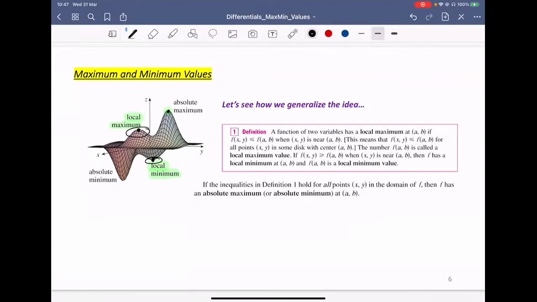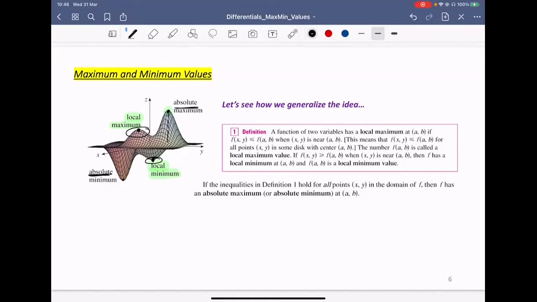This is just to give you a sense that this is the max or min compared to all the points in the domain. Which one is the maximum, that is called the absolute maximum, and the same thing, which one is the least, that is called the absolute minimum.